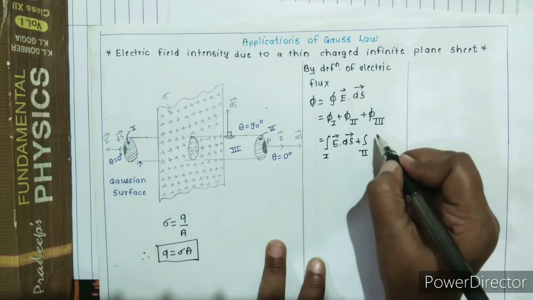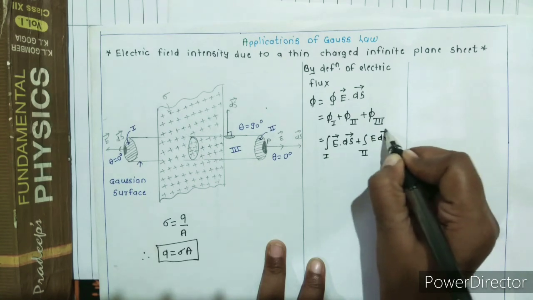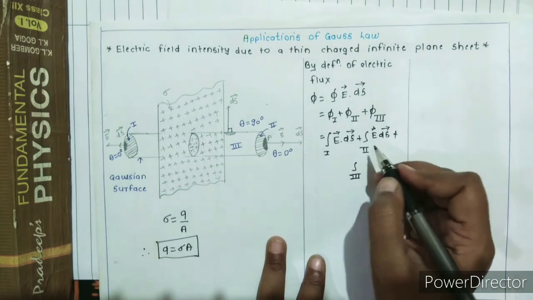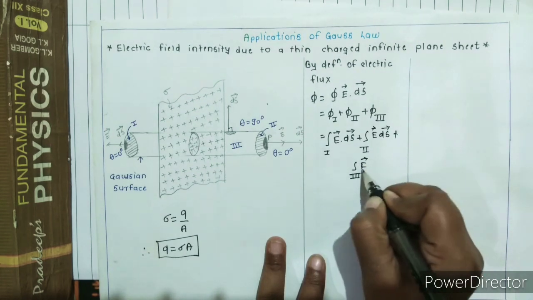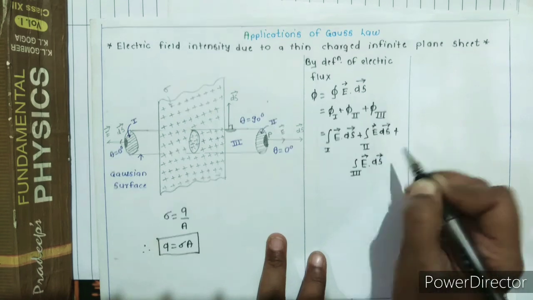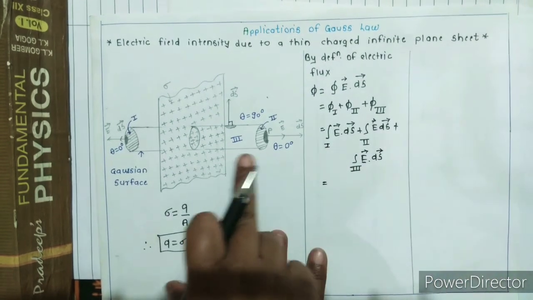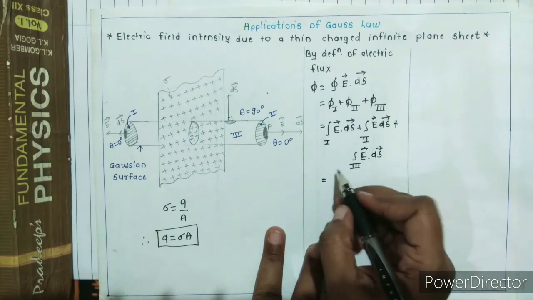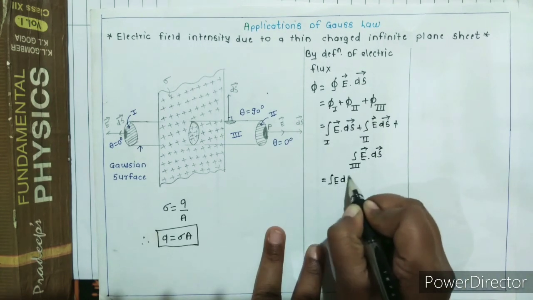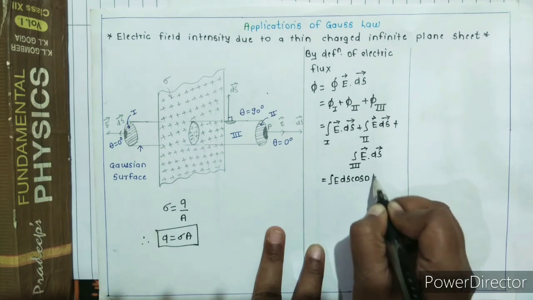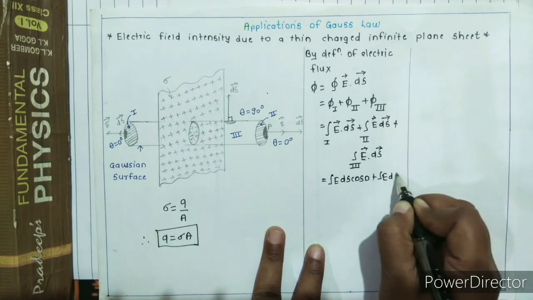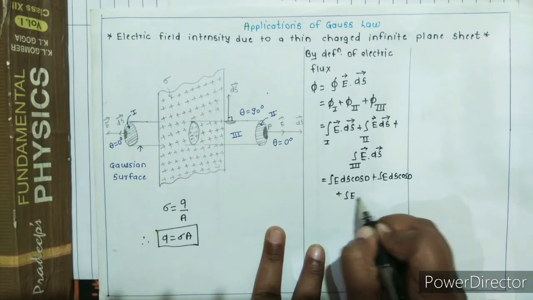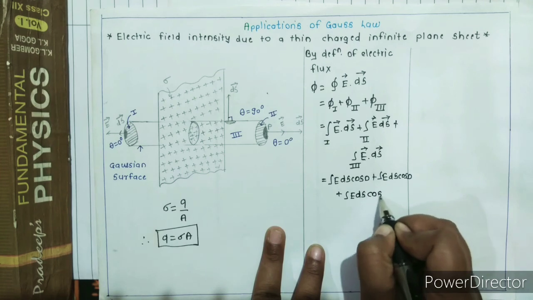Second and third. Now tell me what will be the angle for the first region. We have seen that for the first region the angle is 0. So I can write integration of E ds cos 0 plus integration of E ds cos 0 plus integration of E ds cos 90.